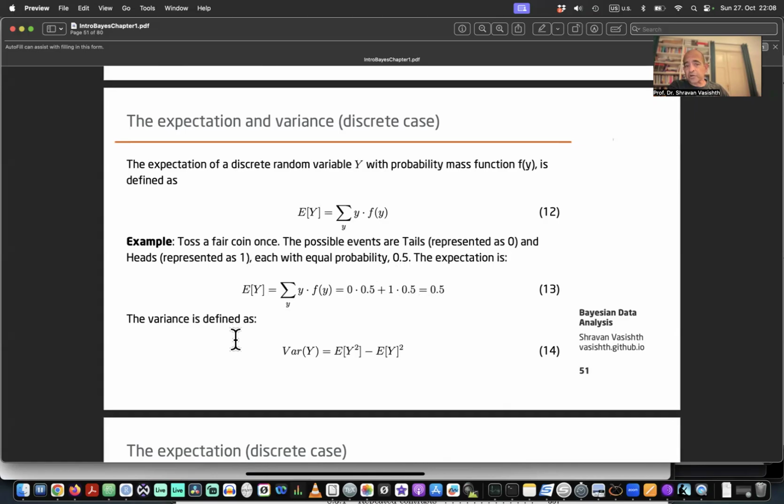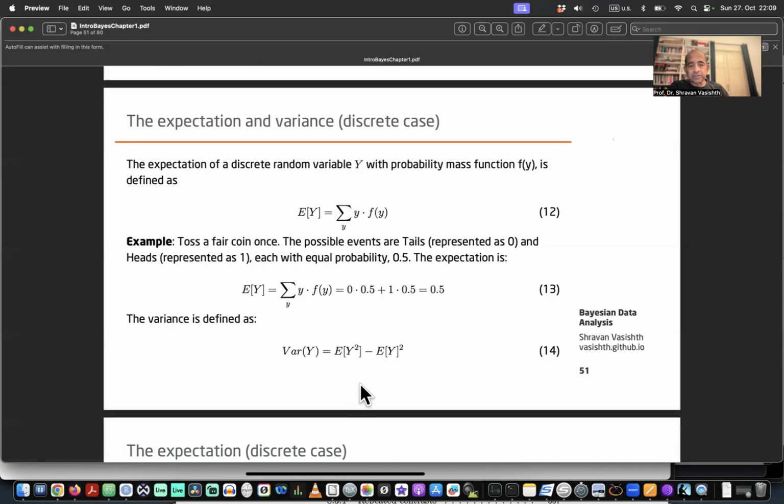And it's the same for continuous random variables, except that in the continuous case, instead of a summation, you've got an integral sign, right? Because we're in continuous space. Variance is defined in terms of the expectation, right? And in terms of the square of the random variable, the expectation of the square of the random variable.